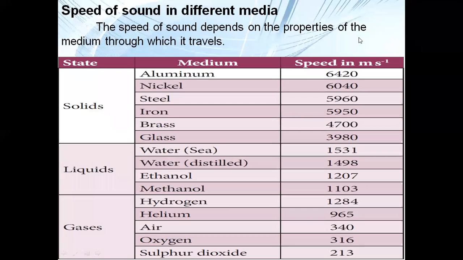So if the speed of any object exceeds the speed of sound in air, that is 330 m/s, it is said to be traveling at a supersonic speed. Bullets, jet aircraft travel at a supersonic speed.